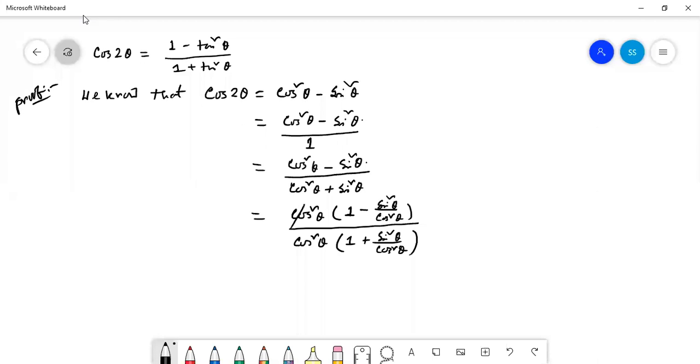This cos square theta cancels. So 1 minus sin square theta by cos square theta, meaning tan square theta, by 1 plus sin square theta by cos square theta, meaning tan square theta. So cos of 2 theta is equal to this.